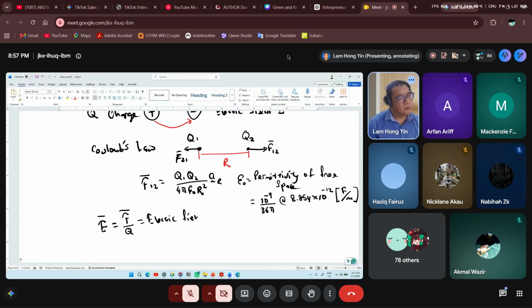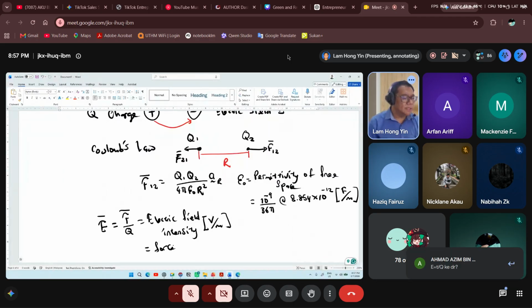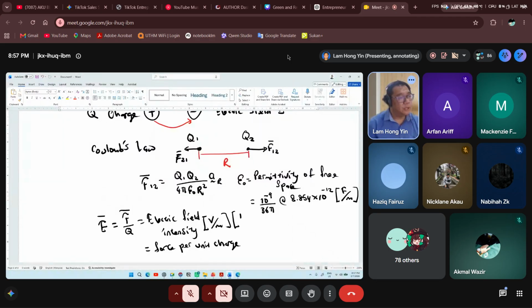Electric field intensity, the unit will be volts per meter. Or you can say electric field intensity is the force per unit charge. Because besides volts per meter, we can also use newtons per coulomb, since force is in newtons.